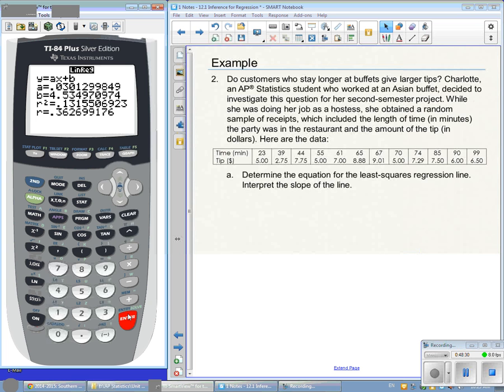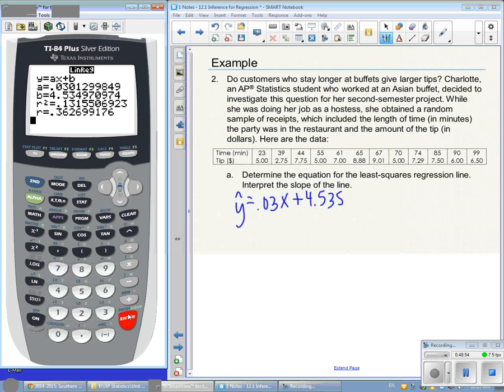All right, so just pay attention to how the equation is written. So in this case, my A is my slope. So we're looking at 0.03x plus 4.53. Let's just round to 2 decimal places. So, all right. Did everybody get that equation?